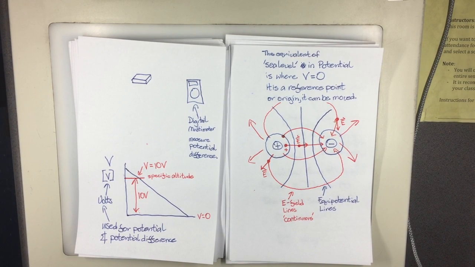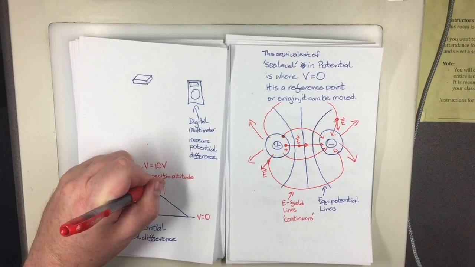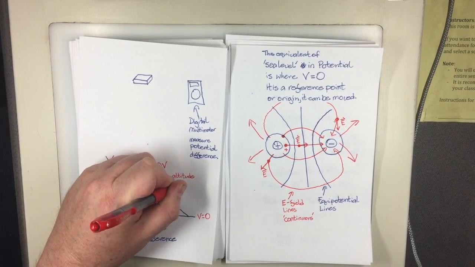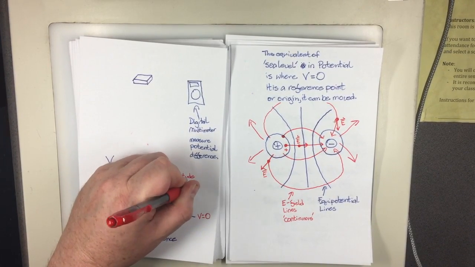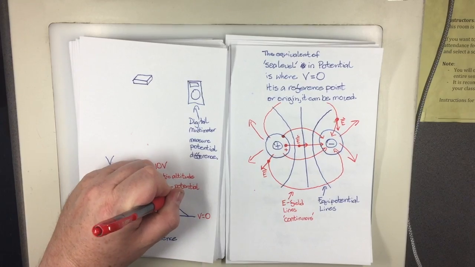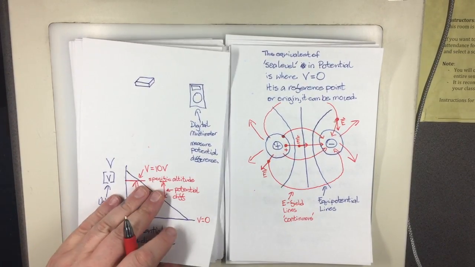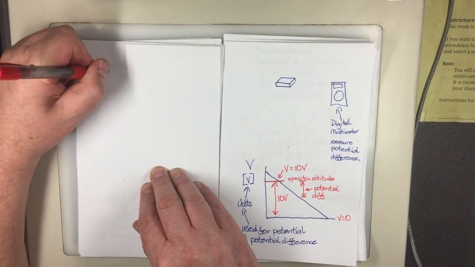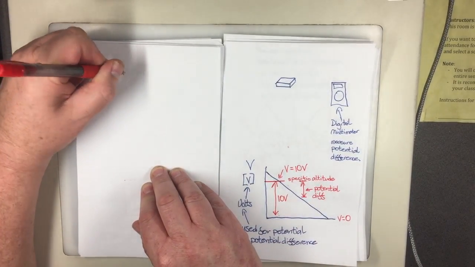Potential is the same as potential difference because it's measuring the potential difference between that point and the base ground, the reference point. A potential difference, kind of the definition is the word itself.